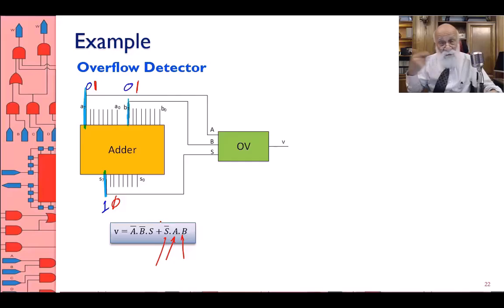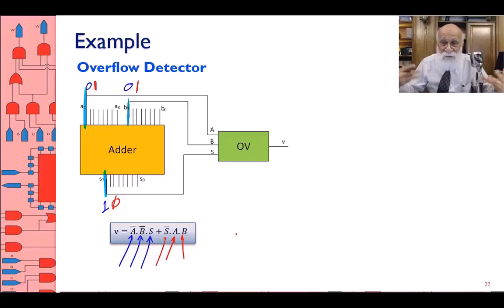That is a case of overflow. Alternatively, if A is 0, see the blue up there, B is 0, and S is 1, then that's again overflow. So what's overflow? Either the blue or the red.